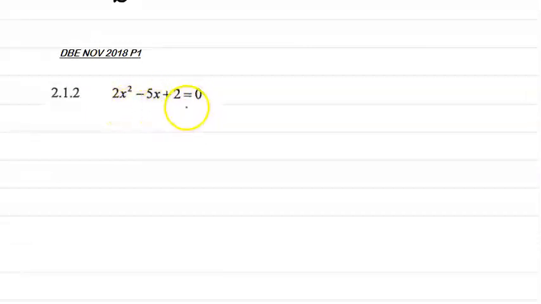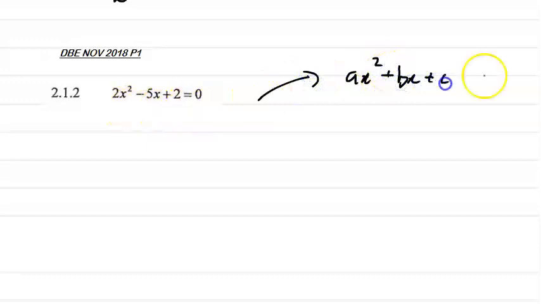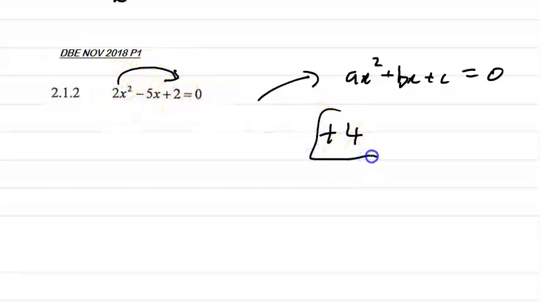So this is a trinomial which is already in the standard form, ax squared plus bx plus c equals 0. Therefore, we just have to factorize this trinomial. How do we factorize it? Well, by inspection. If I take the coefficient of the first term and multiply it by my last term, 2 times positive 2, I'll get positive 4.